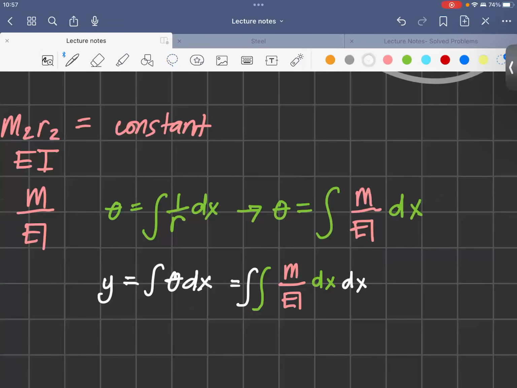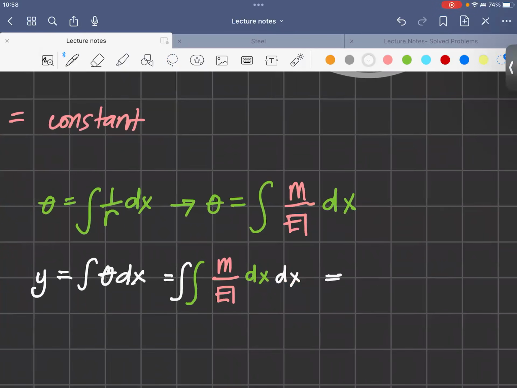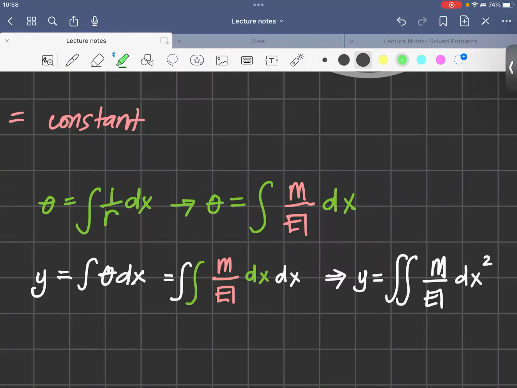So, I'm going to write this in more simpler terms. The final equation is y is equal to the double integral of M over EI dx squared. This is also theta is equal to M over EI dx squared. So, there's your equation.